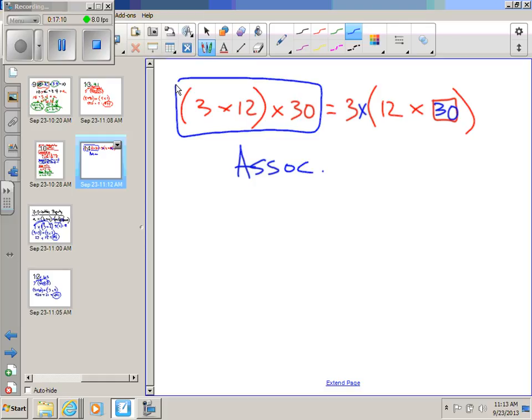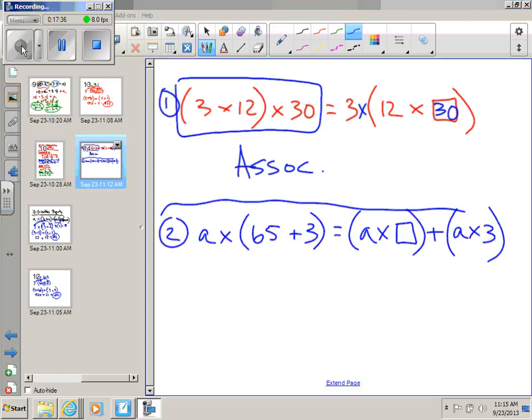Okay? Try number 2. That was 1. Try number 2 for me. How do I identify the missing value and then what property was it? Okay.